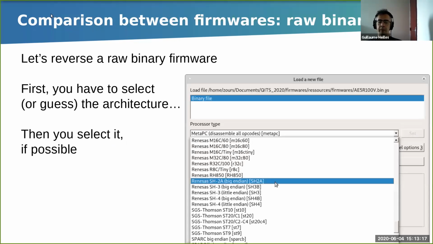Okay. So back to IDA, you have to select the architecture you just guessed or read on your chip, and you can select it if possible. I say if possible because IDA is the tool I know of which is able to load the most architectures.